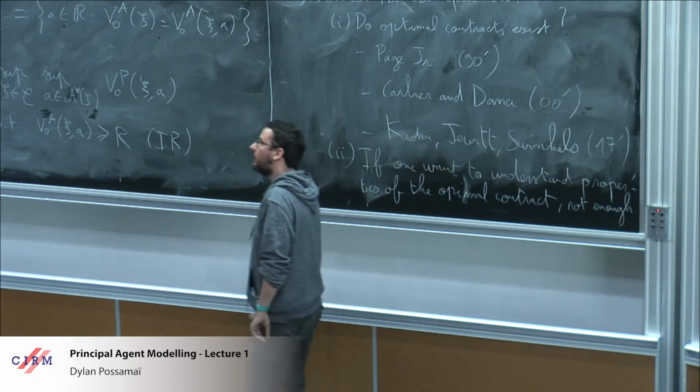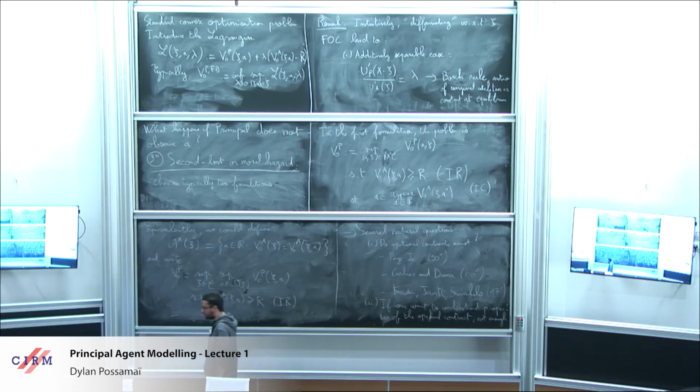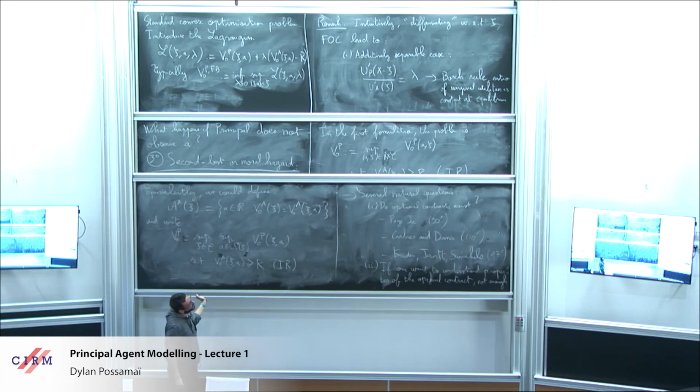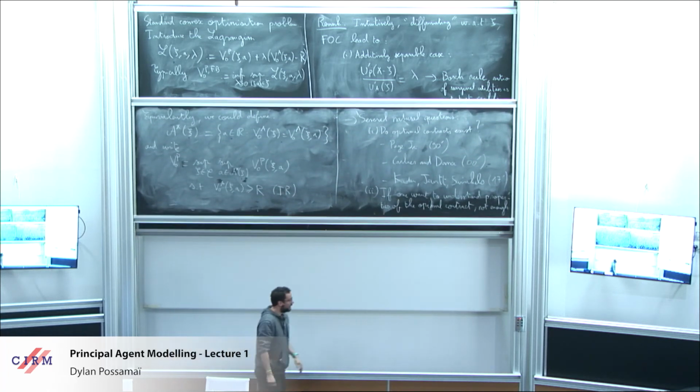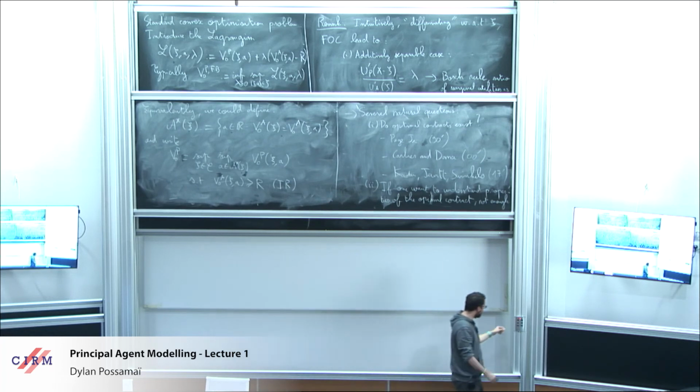There used to be, because there are more recent results now, but there used to be basically just two approaches. One is due to Grossman and Hart, and that's one of the reasons why Hart got the Nobel Prize in economics.